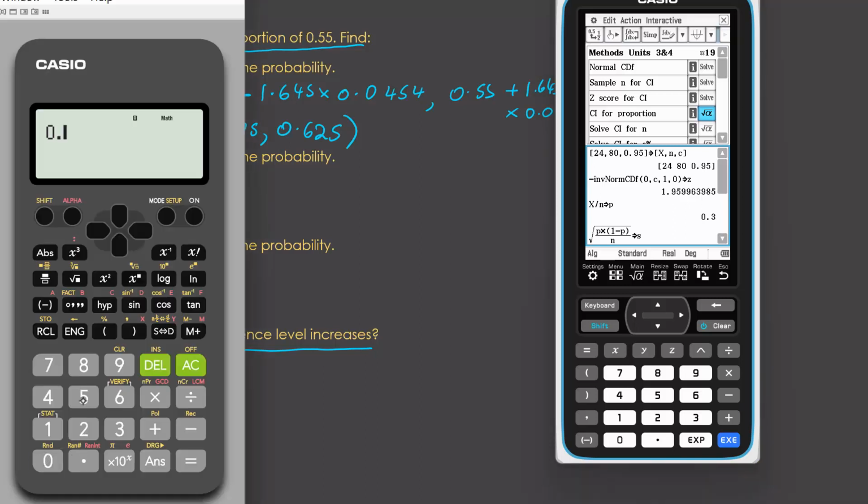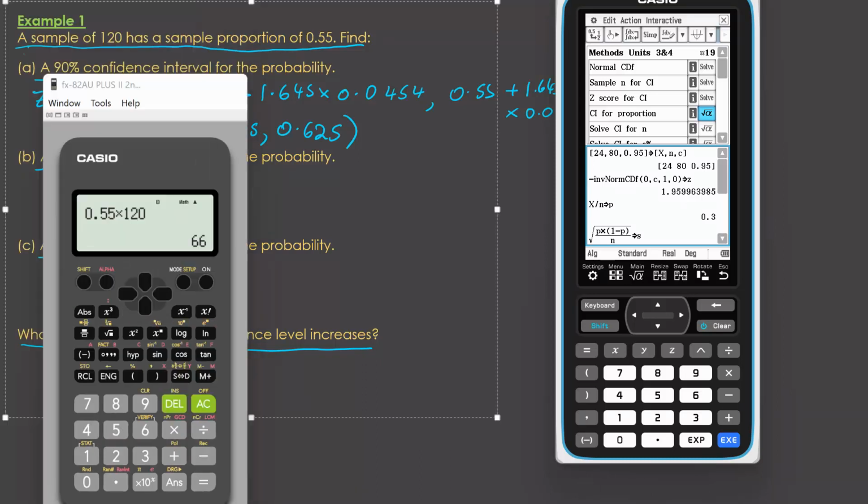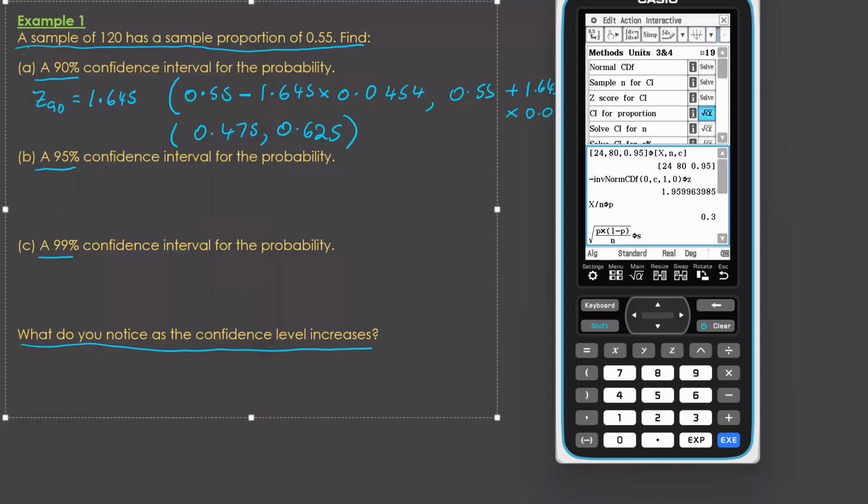So 0.55 times 120 is 66. So saying that for a sample of 120 we had a sample proportion of 0.55 is the same as saying there were 66 out of 120.